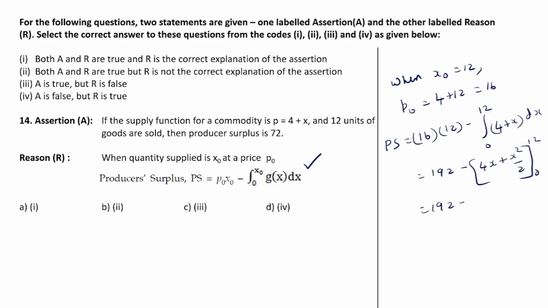So this is 192 minus 4 into 12 is 48 plus 12 square is 144 divided by 2 is 72, minus the lower limit, which is 0. So this is 192 minus 120, which is 72 units. So the assertion is also true. The producer surplus is 72. So here both A and R are true, and R is the correct explanation of the assertion. So the correct option is option A.